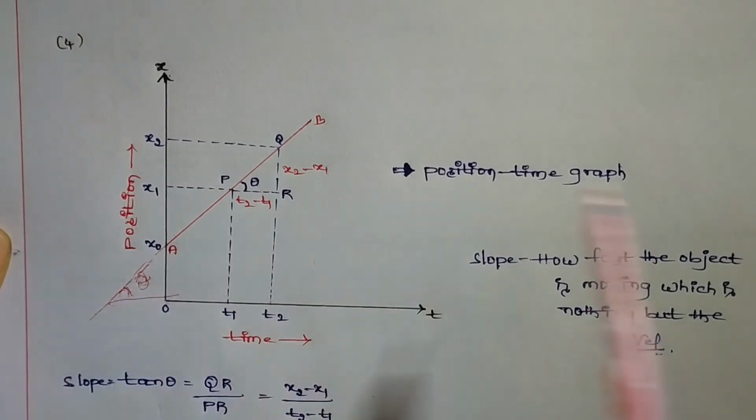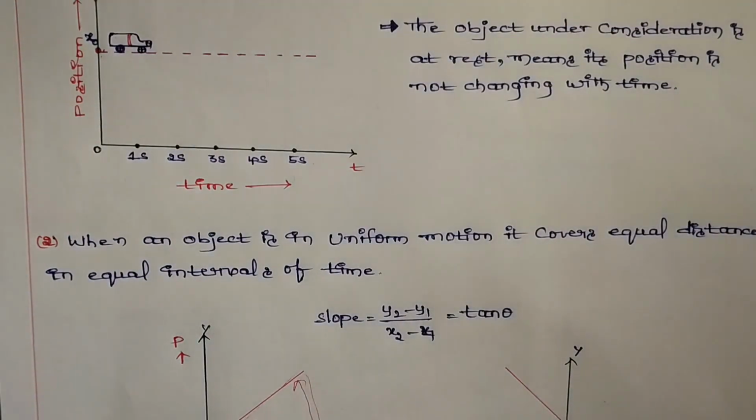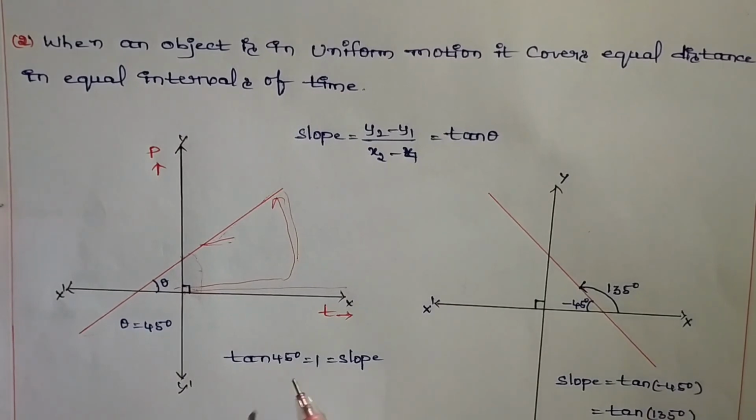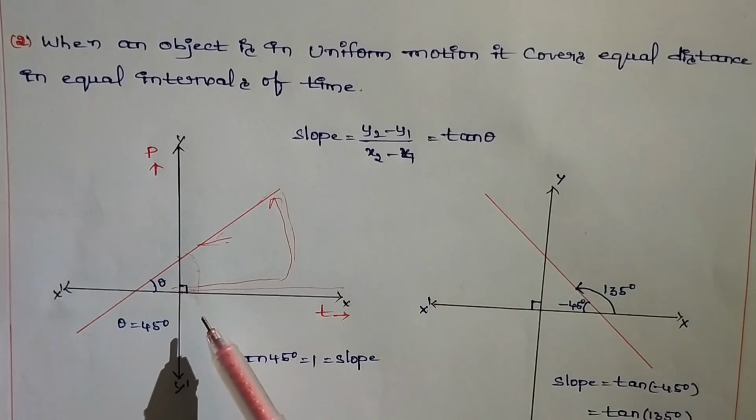That is why we are saying that in this case, the slope of a line is positive if it makes an acute angle. Acute means the angles are less than 90 degrees. It may be 30 degrees, 20 degrees, 50 degrees, up to 90 degrees.